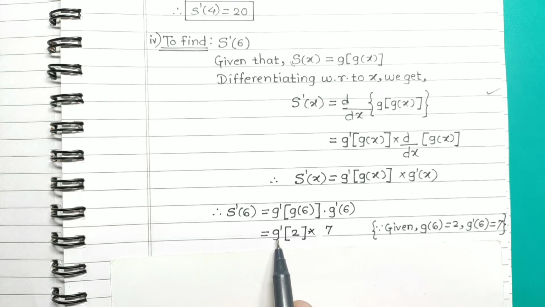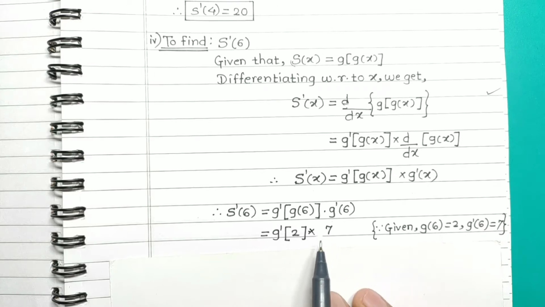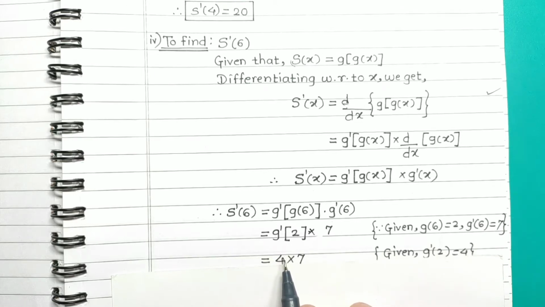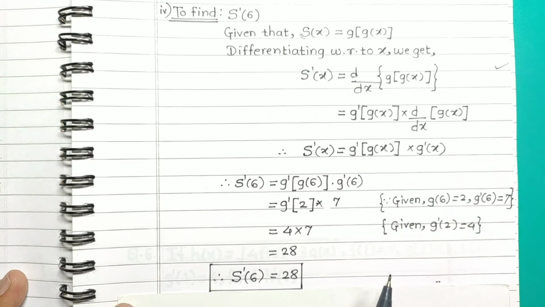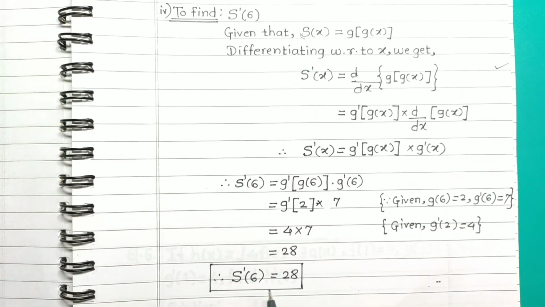Now again here we need this value g dash of 2, which is also given to us, g dash of 2 is equal to 4. So put it as 4 into 7, and finally we get it as 28, and therefore we have S dash of 6 is equal to 28 as the required value.